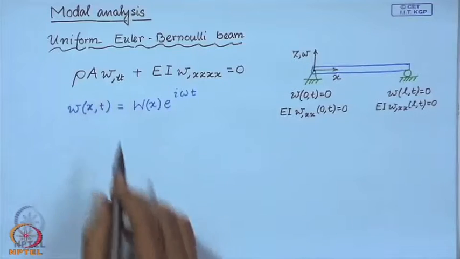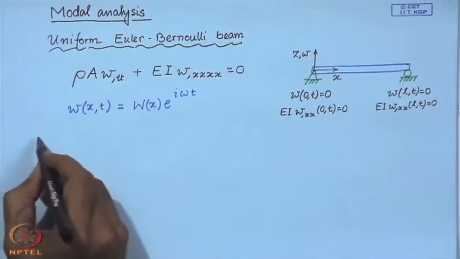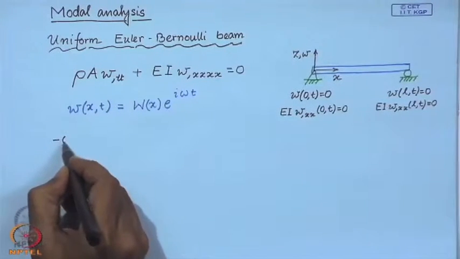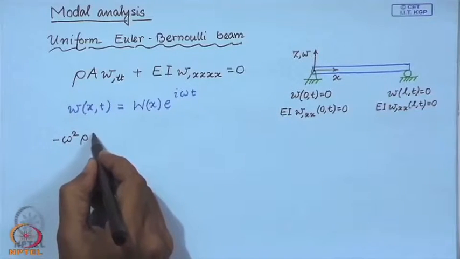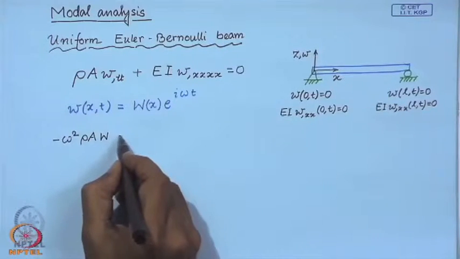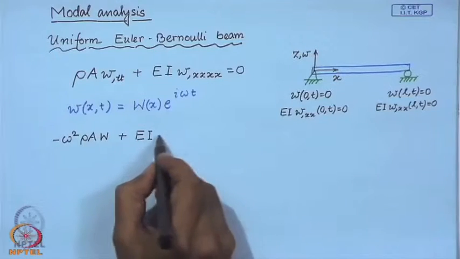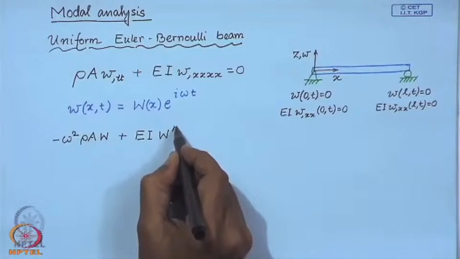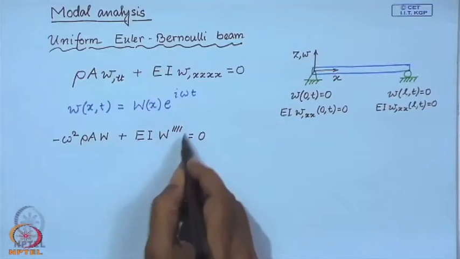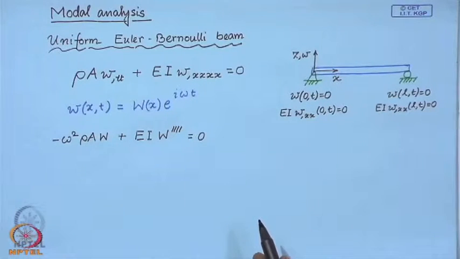And if you substitute this in the equation of motion, the differential equation, then upon some simplifications, this must be 0, where this prime denotes the derivative with respect to x.